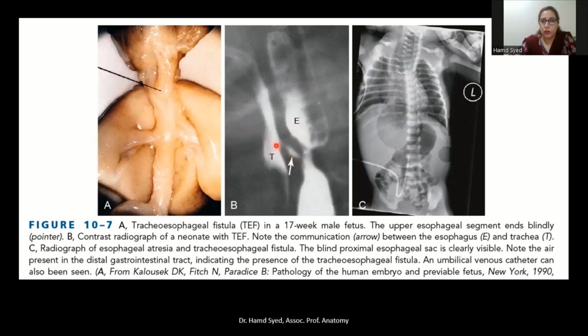The arrow is pointing towards this fistulous tract. Also, if you just take a plain X-ray, you can see the blind esophageal tract over here. When you insert a nasogastric tube and then take a chest radiograph, you can see the coiling of the NG tube. And here you can also see air in the distal gastrointestinal tract. This is also indicating the presence of the tracheoesophageal fistula.